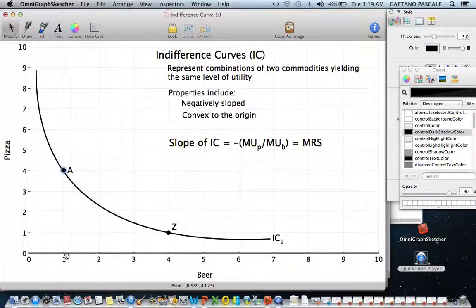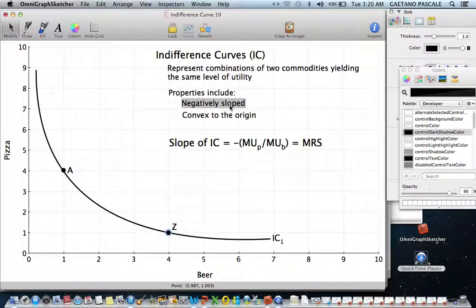Eating 4 pizzas and drinking a beer will give the same level of utility as if the person gets 1 pizza and 4 beers. So any points on the same indifference curve yield the same utility. In this example, points A and Z both give identical levels of utility.